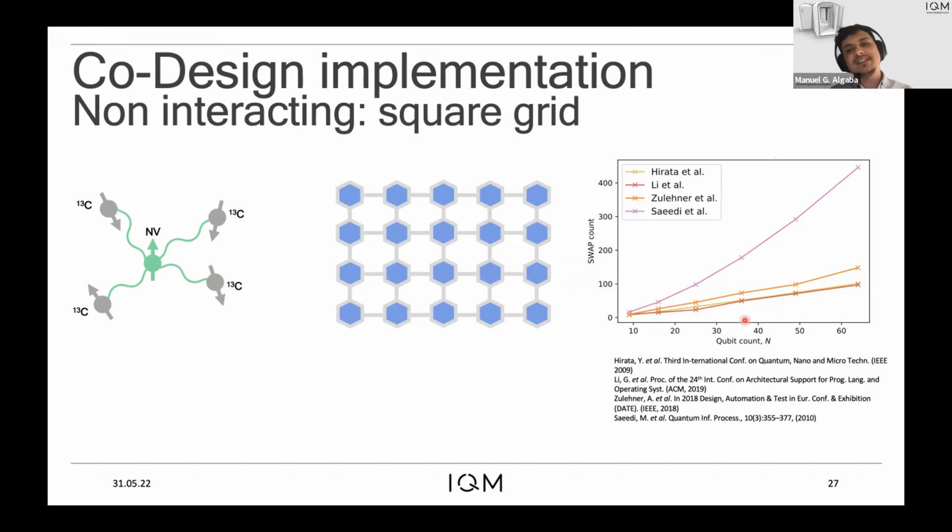So you see, this is scaling more or less okay, but we want to benchmark this square grid, this very conventional topology, against the co-design chip that we created or proposed, which I will show you later. So we want to make the most of this square grid before we go to the co-design case.